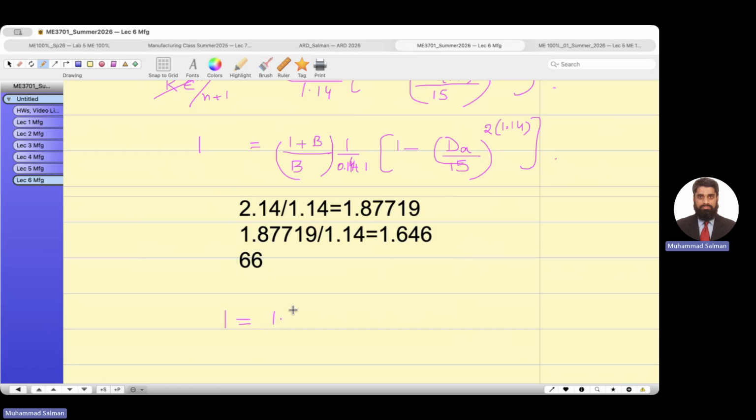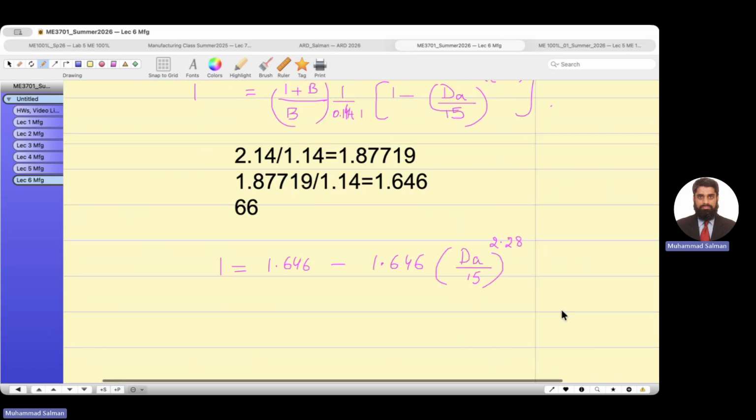1 equals 1.646, and then minus 1.646 times dA over 15 times 2. Agreed. So now we just have to do some math and find out the answer.